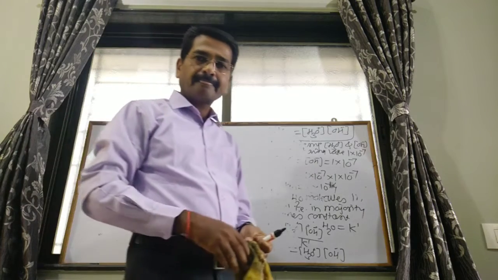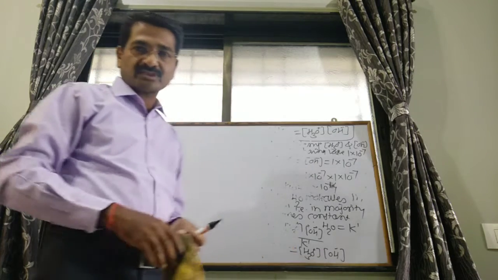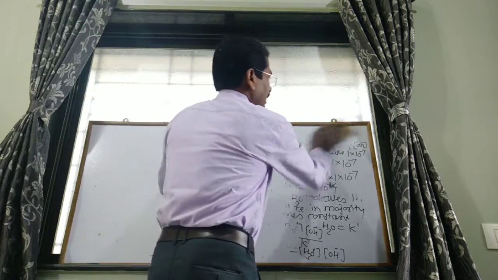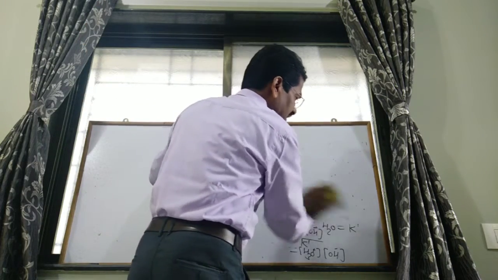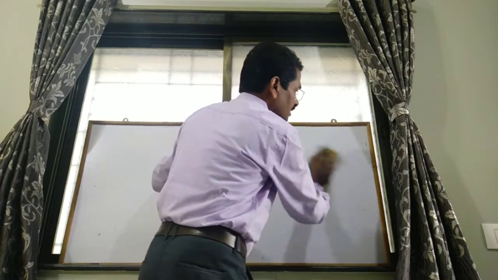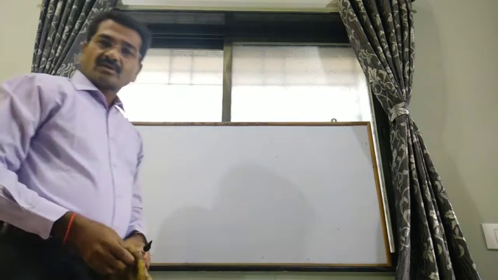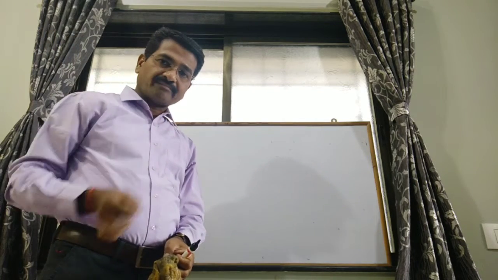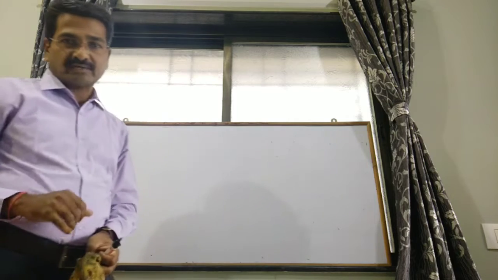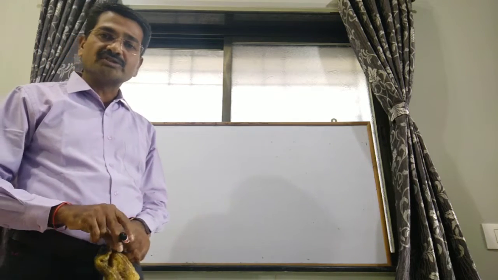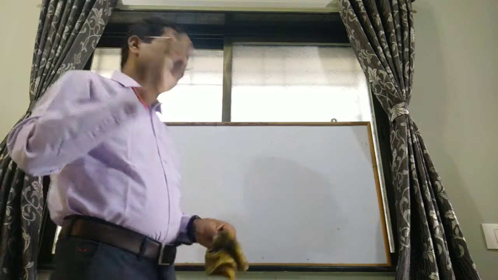Weight is measured in grams, kilograms. Likewise, the pH scale is used to measure the concentration of a solution, and depending upon that you detect whether the solution is acidic, basic or neutral in nature.